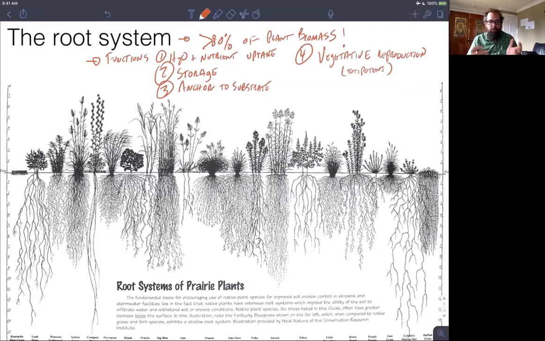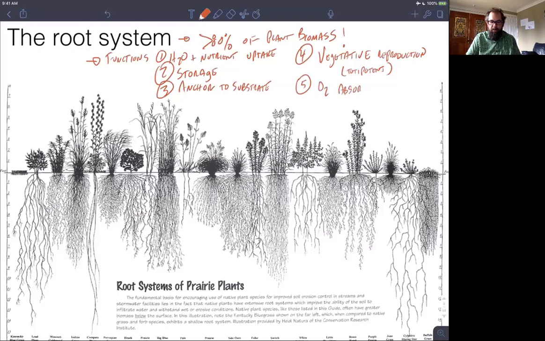Stem cells are a very unique type of cell. Well, in plants, all cells are totipotent and able to be part of reproduction. And so one really easy way to vegetatively propagate plants is breaking off the roots and starting new plants from those roots. Another really important role for the root system is oxygen absorption.